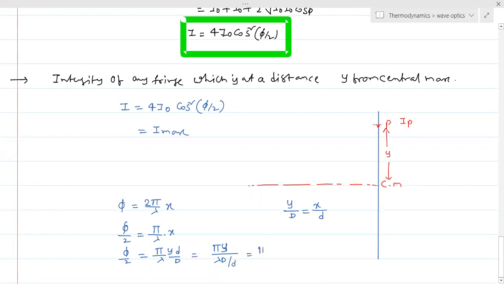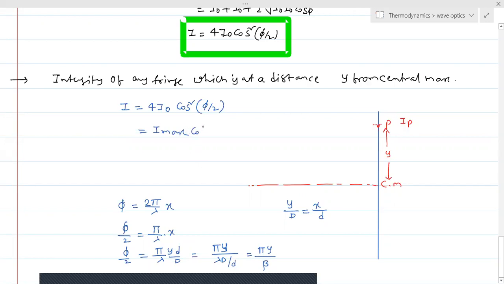Later we will study the denominator term as beta. So finally phi by 2 means we will write cos square pi y by beta.